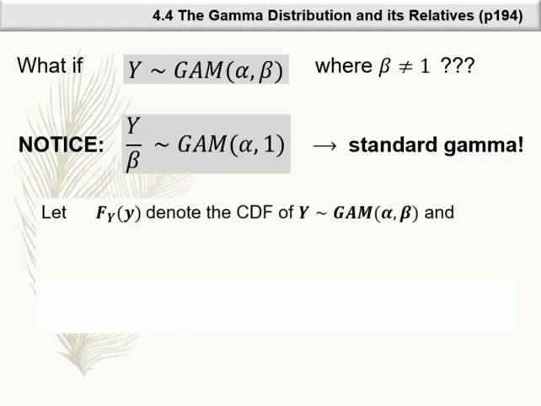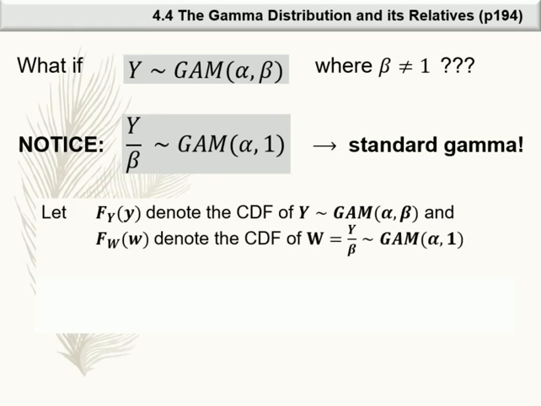If F_Y is the CDF of Y, which is a gamma alpha beta, and if we let F_W be the CDF of Y over beta, which is just a gamma alpha 1, then suppose we wanted to find a left-hand probability. This is how we'd proceed.